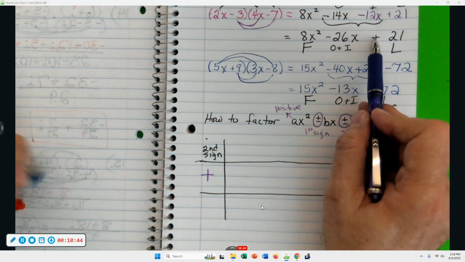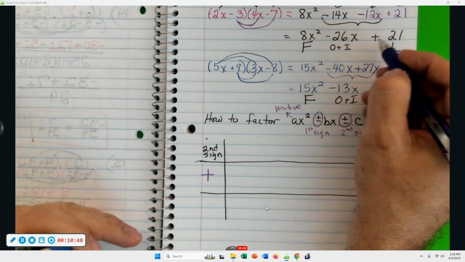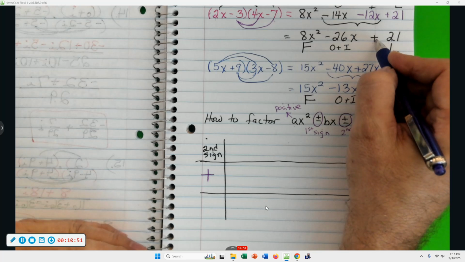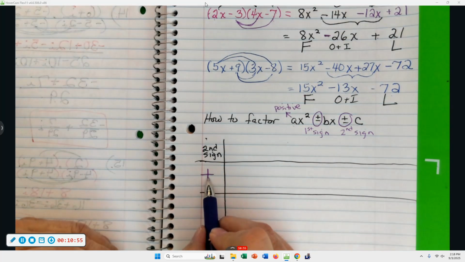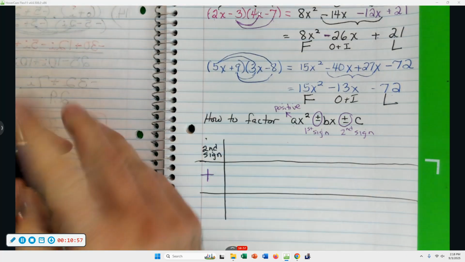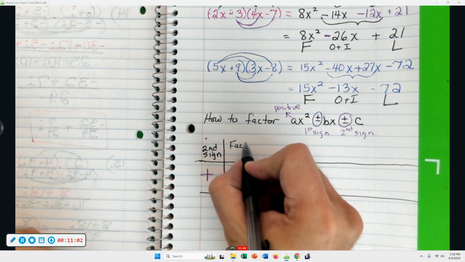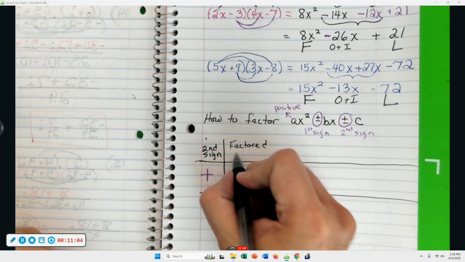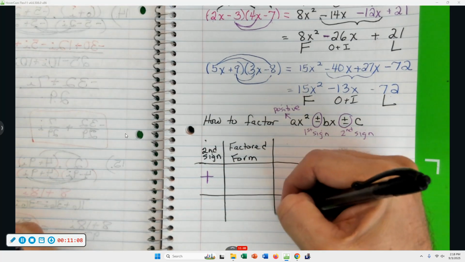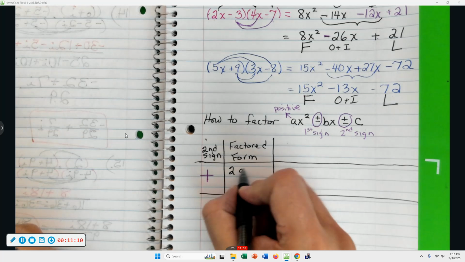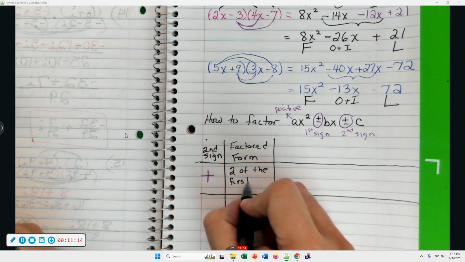So the way we'll look at this and decide, okay, what are the signs? If the second sign is plus, it's going to be 2 of the first sign inside the parentheses. If the second sign's a plus, you have 2 of the first sign in the parentheses. Factored form, that's the second column, has 2 of the first sign.